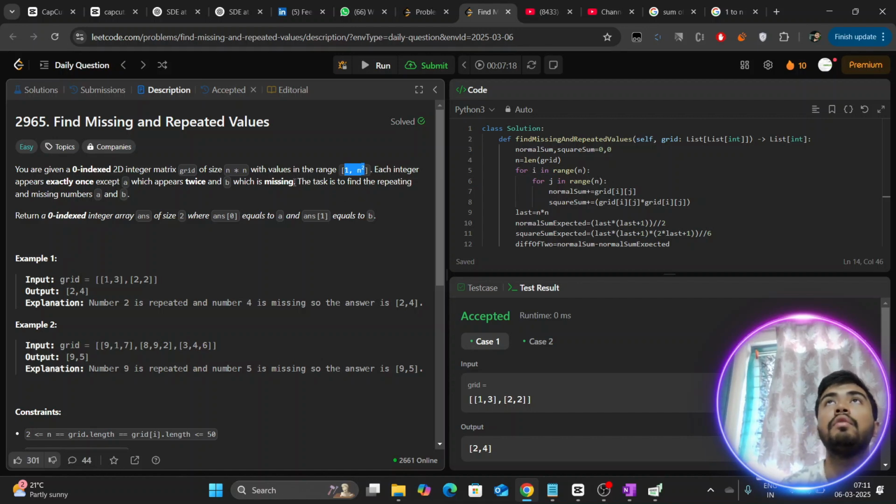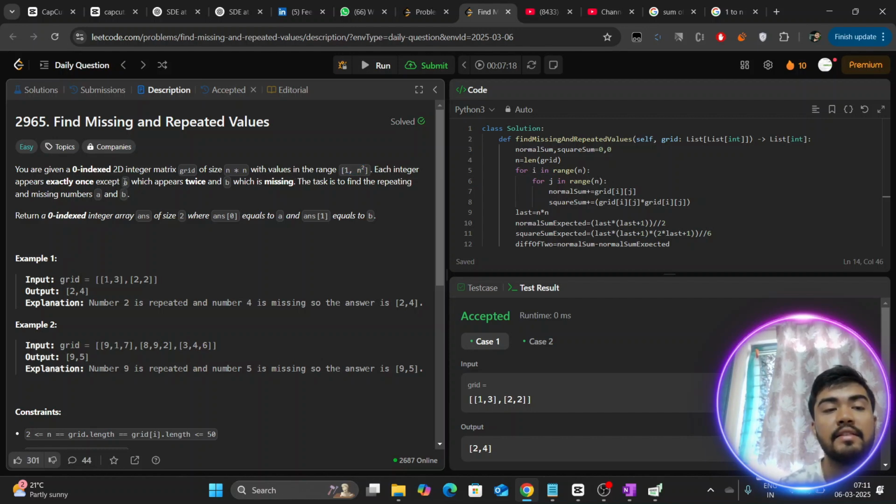Between the 1 to n square series, one number is added twice, basically replacing one of the actual numbers between 1 to n square. So that's the reason one number appeared twice, and another number which is supposed to occur in the series has been missed because of this repeated occurrence of a.